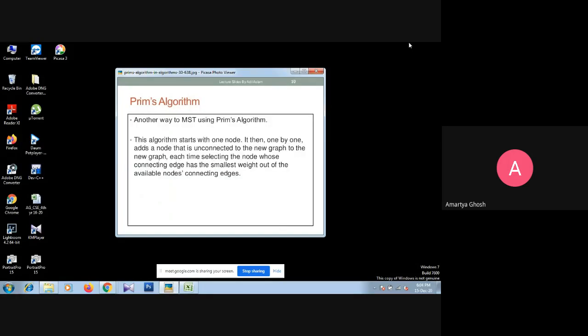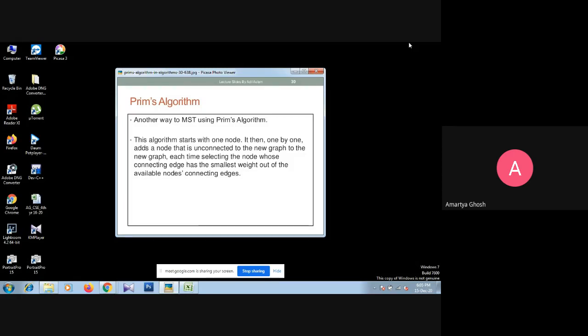Another way to find the MST using Prim's algorithm, and this is the easiest way, is one I think a student should follow.